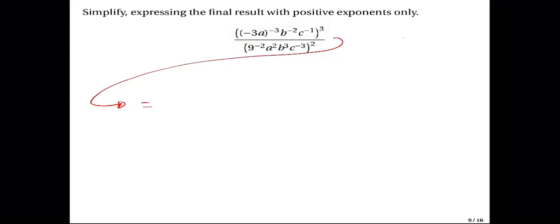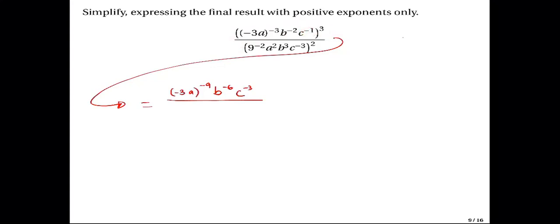So we will have in the numerator negative 3a. So in here, negative 3 times positive 3, that becomes negative 9. And then we have b. For this, negative 2 times positive 3, that becomes negative 6. And then c, we have negative 1 times 3, that's negative 3.